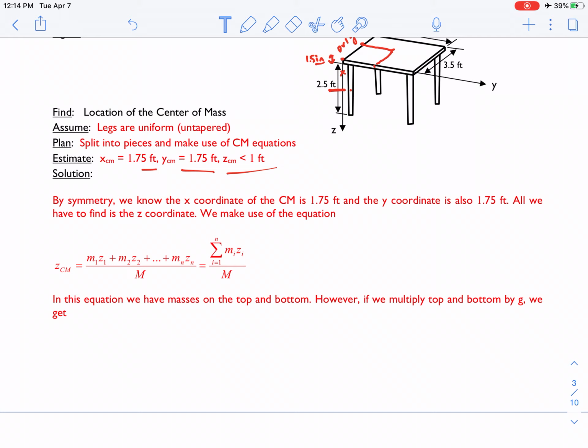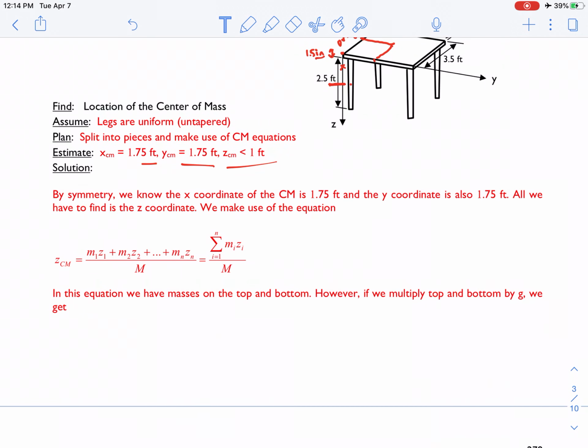We have 5 pieces, 4 legs and the tabletop, so that little n is going to be 5 for us. And the good news is the legs will be at the same level. The center of mass z values for the legs are going to be all at the same point. So once we find one of them, all 4 will be at the same distance.